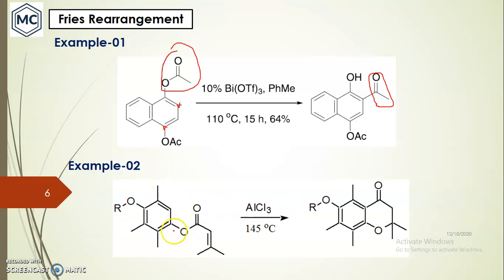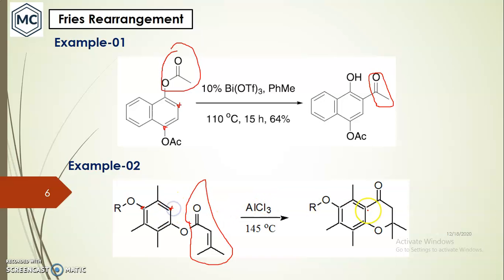And second example, you have this compound, and this is the acyl group COR, in the presence of Lewis acid. This para position is already occupied, and our ortho is this one.